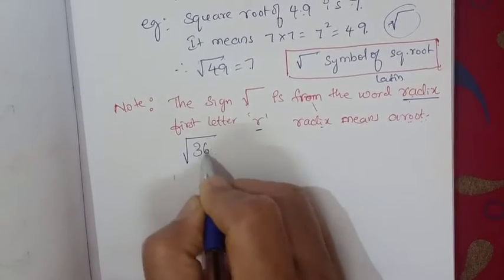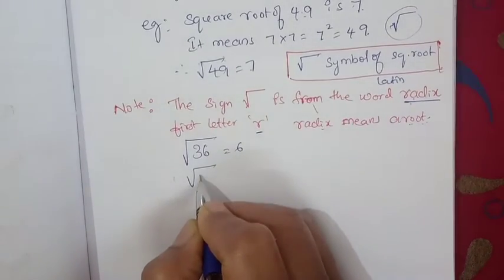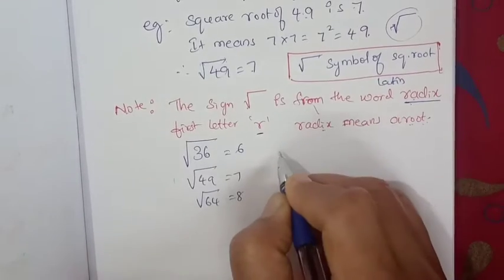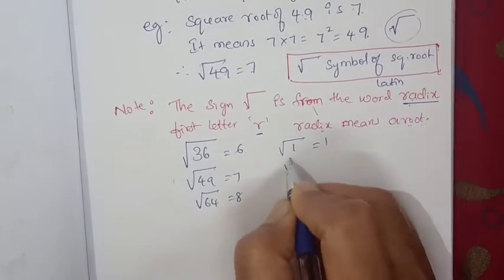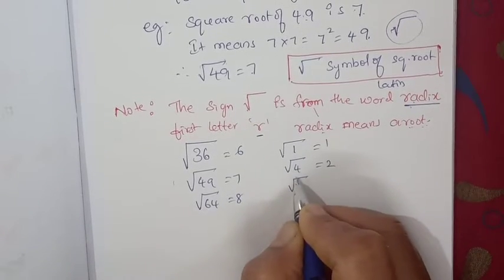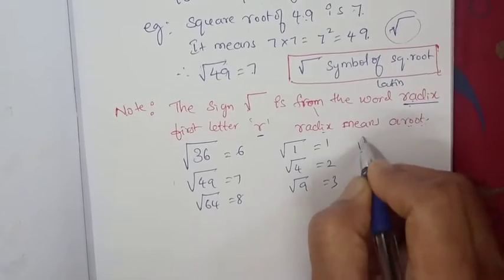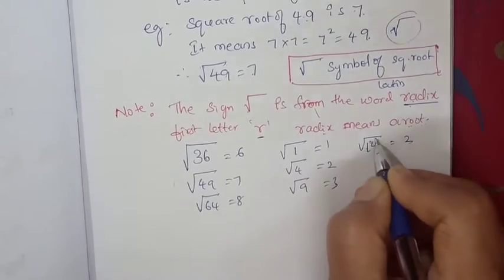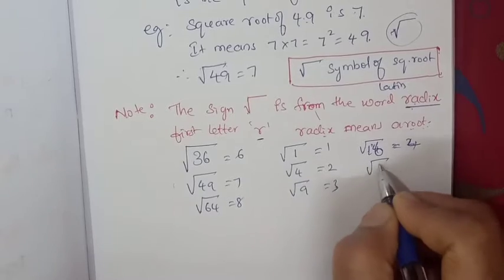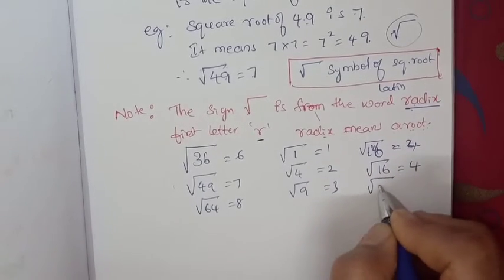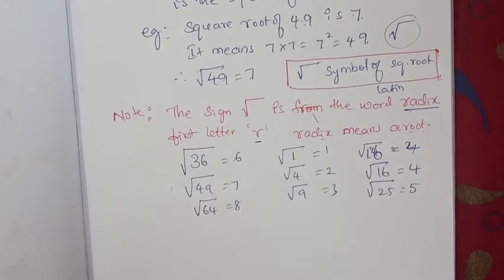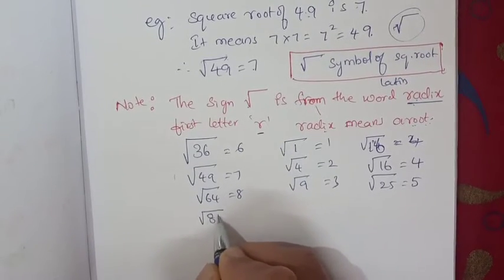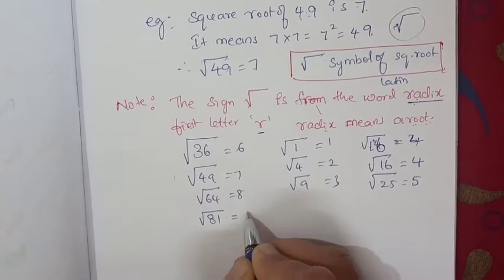Square root of 36 is 6, square root of 49 is 7, square root of 64 is 8, square root of 1 equals 1, square root of 4 equals 2, square root of 9 equals 3, square root of 16 equals 4, square root of 25 equals 5. A few more: 8 8s are 64, 9 9s are 81, so square root of 81 is 9.